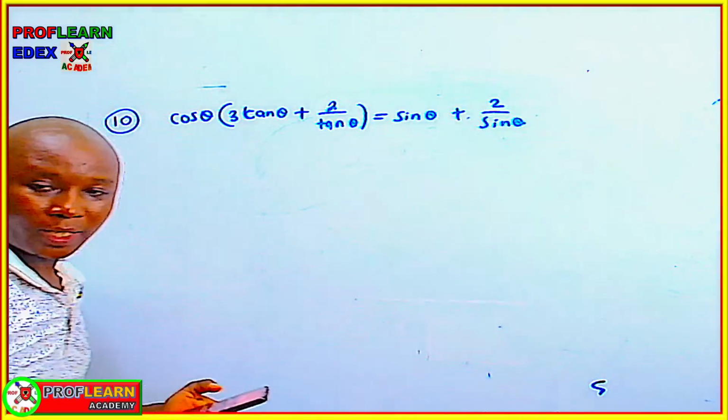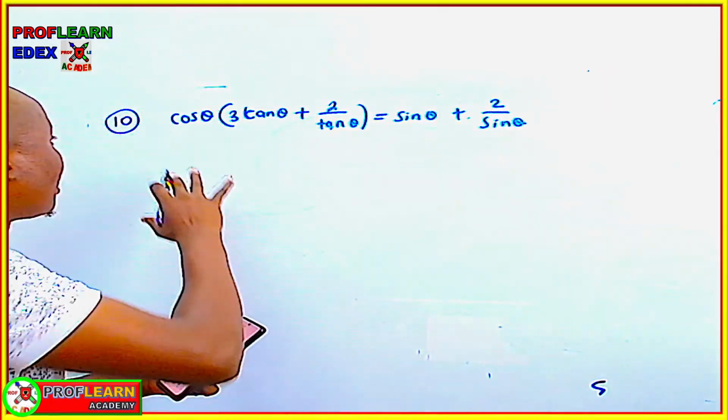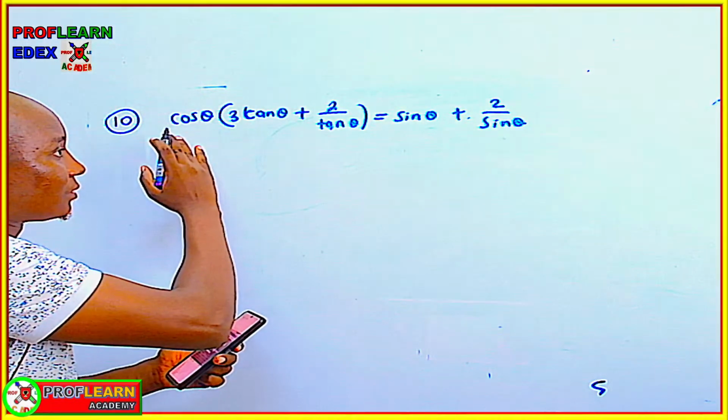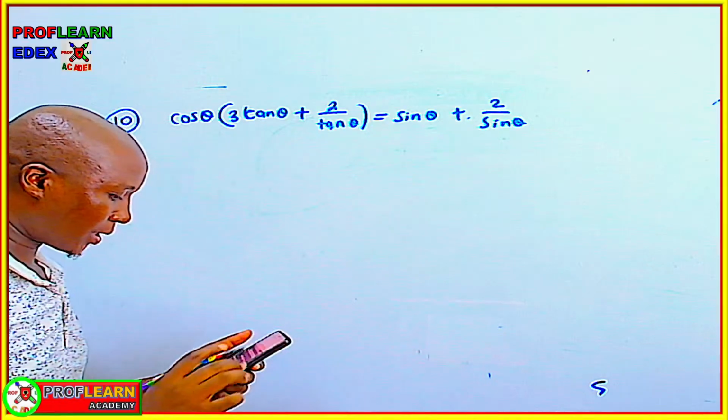So basically we are supposed to show that if we have the left hand side, we can rewrite it in this particular format.